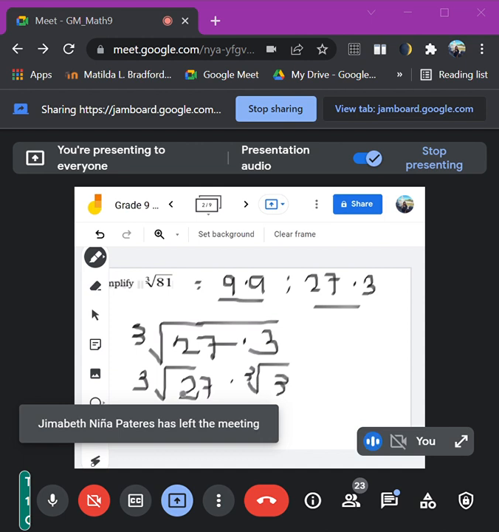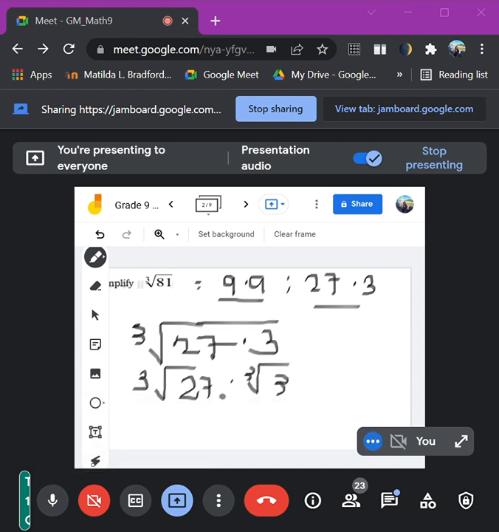So, let's simplify it. The cube root of 27, class, how much? 3. Okay, that is 3. So it can be cube rooted, and the answer is a whole number. And then this one, can we still simplify the cube root of 3? Can we apply the laws of exponents, or the laws of radicals?